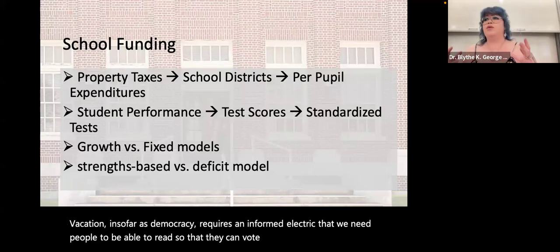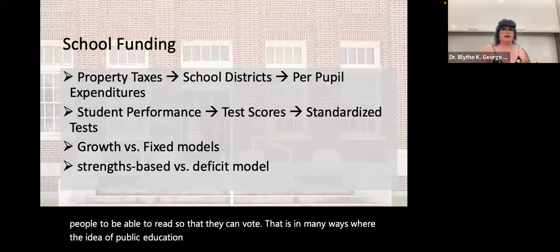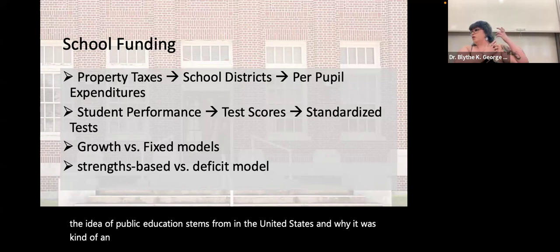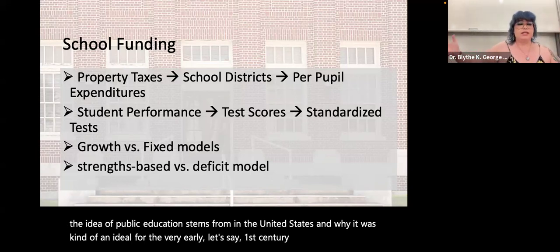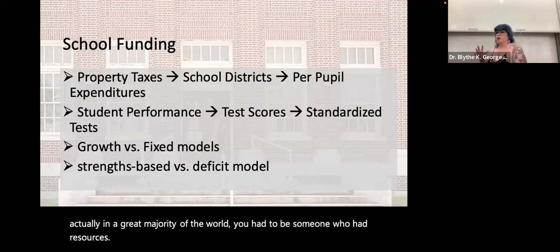That is in many ways where the idea of public education stems from in the United States, and why it was kind of an ideal for the first century of our existence. In a great majority of the world, you had to be someone who had resources to go to school.